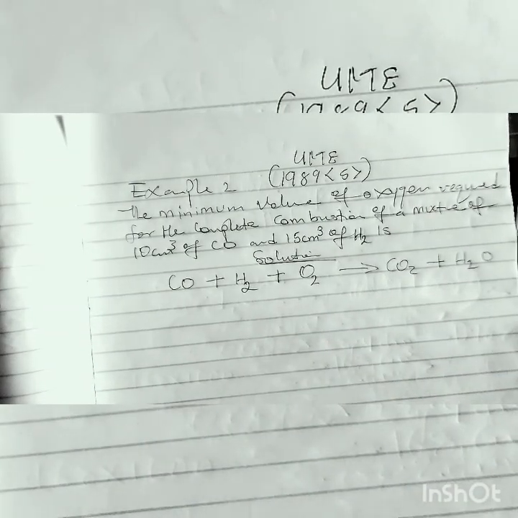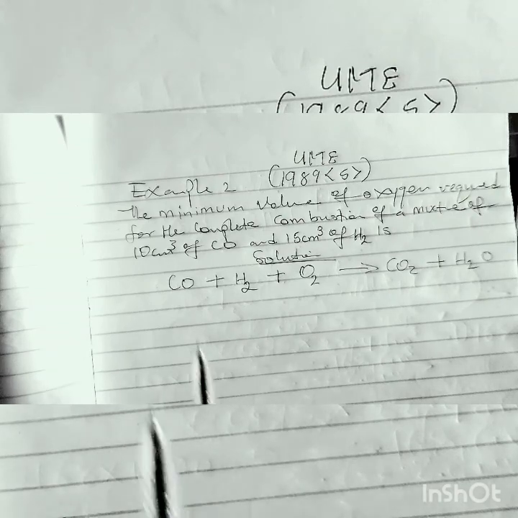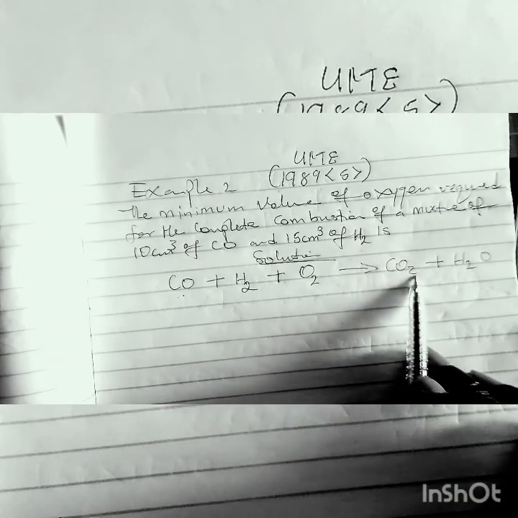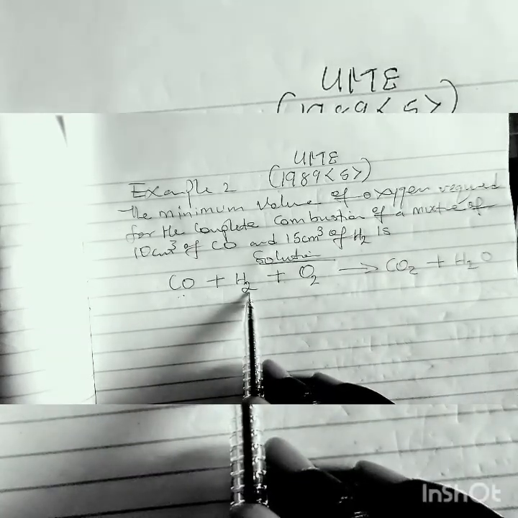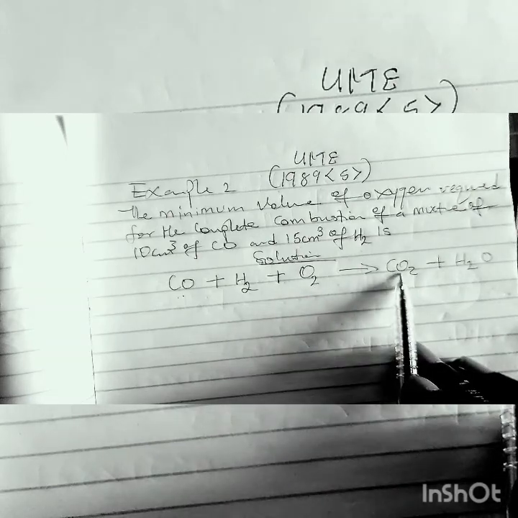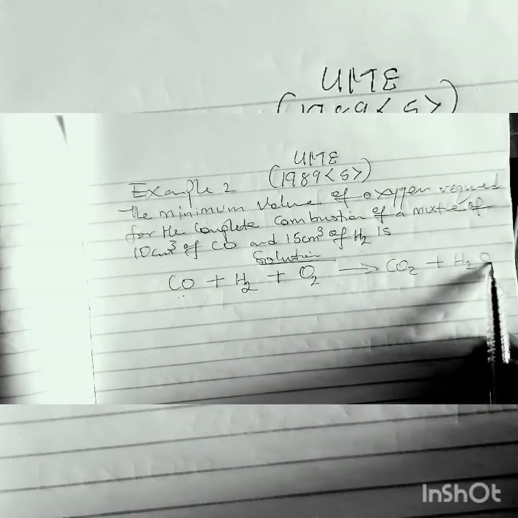Now, if you look at the equation that we have here, everything is balanced already. How do I mean? If you look at what we have in this place, CO, this is CO2 here, this H2 here, this H2 here, this O2 here. The number of oxygen here is 2 plus 1.